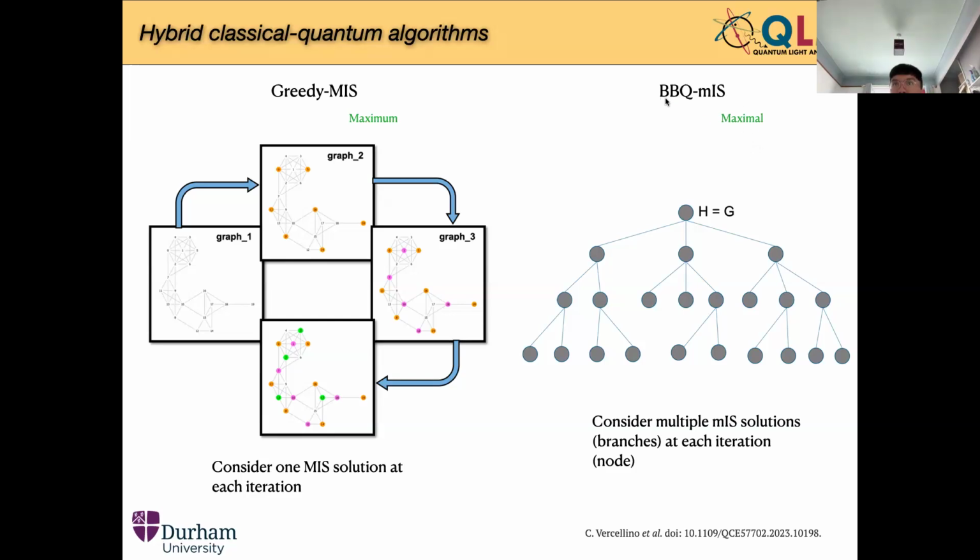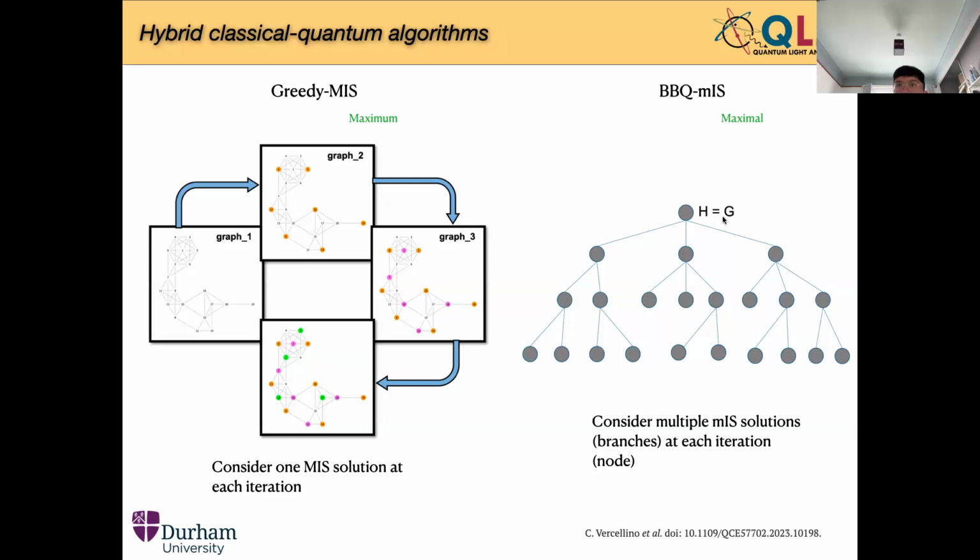And they do this branch and bound method with this maximal independent set, where each node here, you can see the branch and bound tree, right? You can consider each layer here as a node. So this is the first node, this is the second node, this third node, and fourth node.